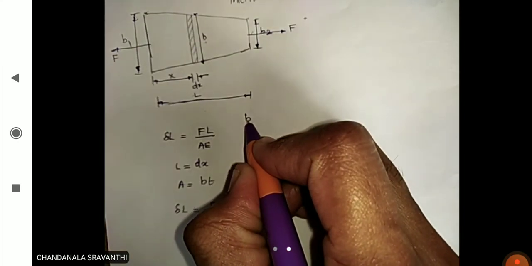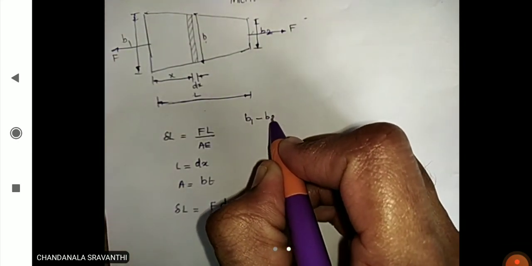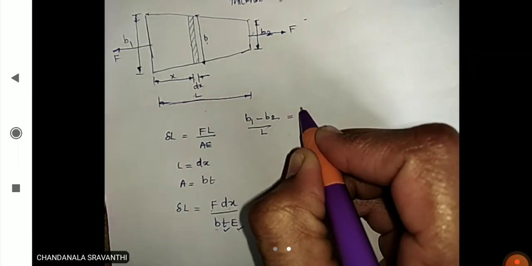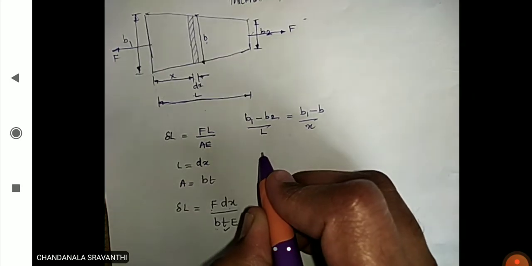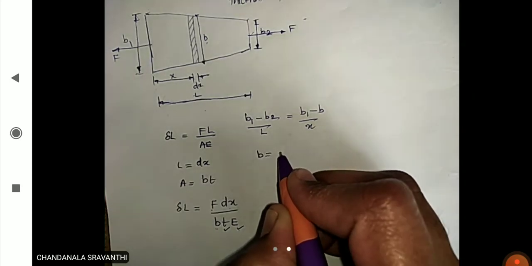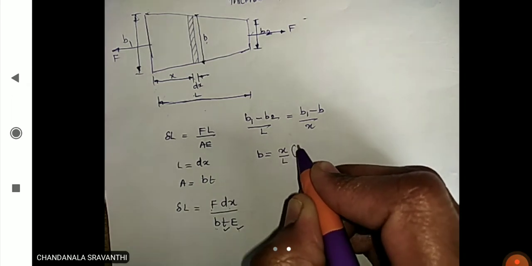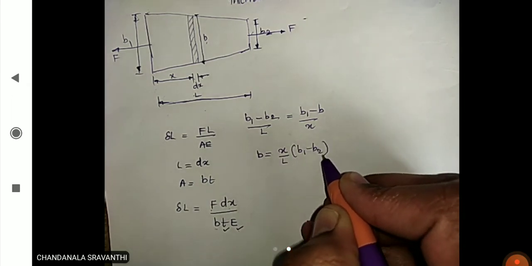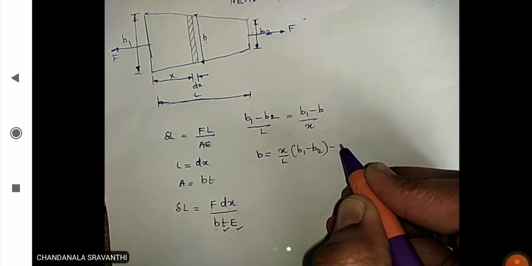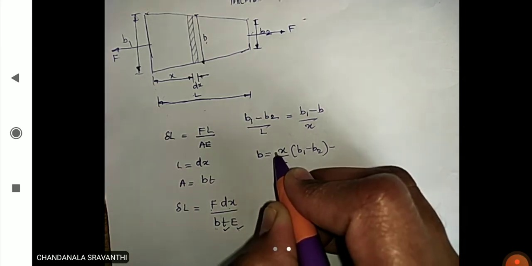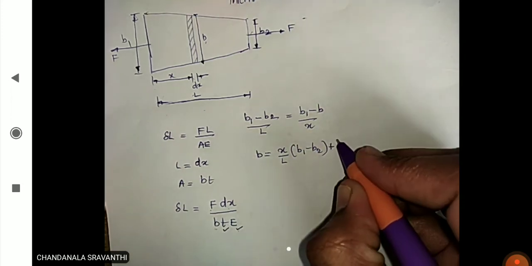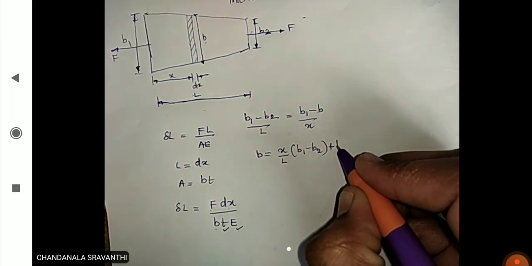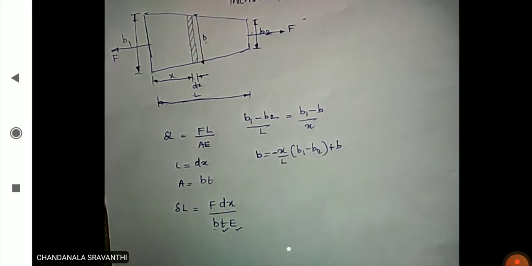Let us take (B1 minus B2) by L is equal to (B1 minus b) by x. Then from this, b is equal to B1 minus x by L into (B1 minus B2).